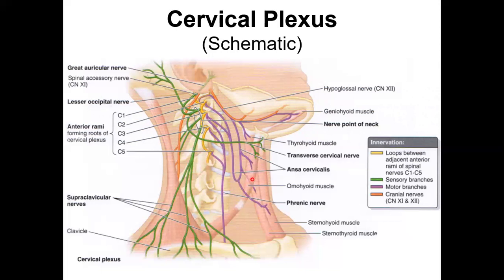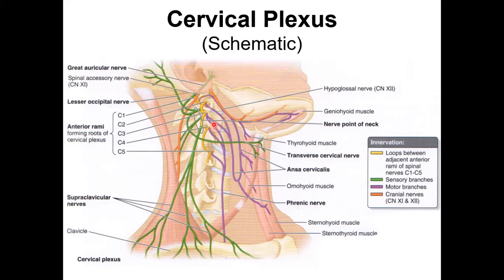So that leaves just our motor branches, and for our motor branches, we have our ansa cervicalis here. Your ansa cervicalis is getting fibers from C1, C2, and C3. For C1, those fibers are going towards the superior part of your ansa cervicalis, versus C2 and C3 is for the inferior part. And we'll see more pictures of this coming.